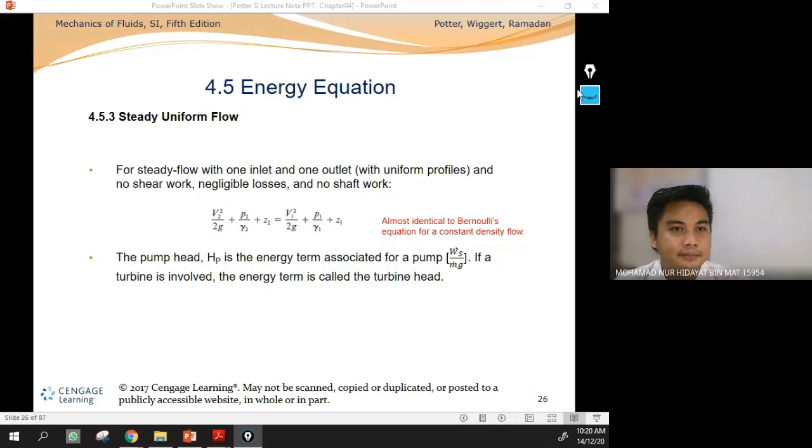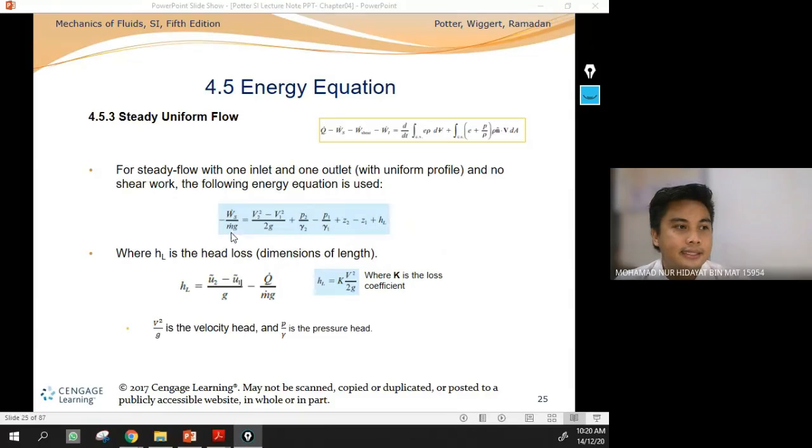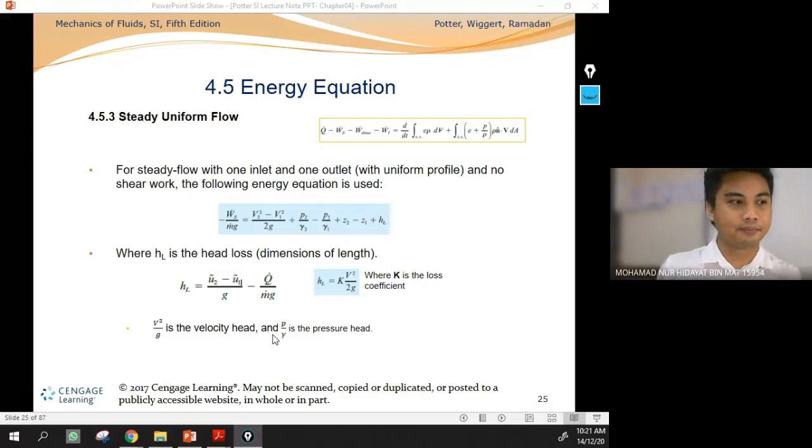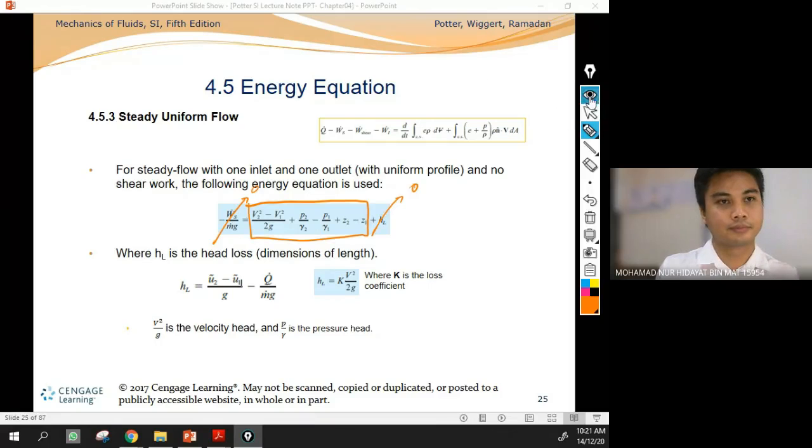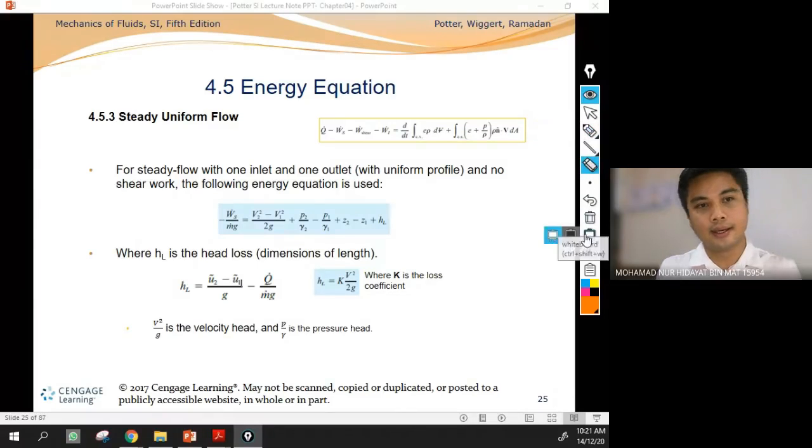So this term, all right, let's take a look at this term. We consider only the notation.